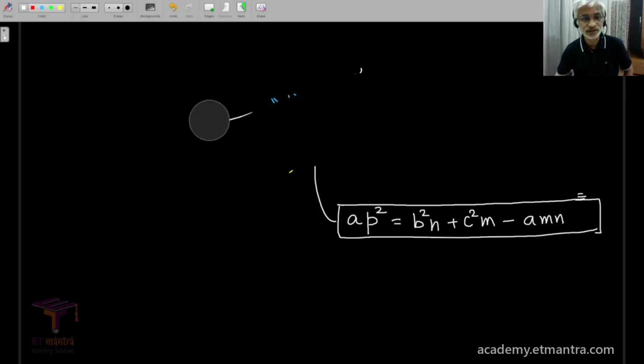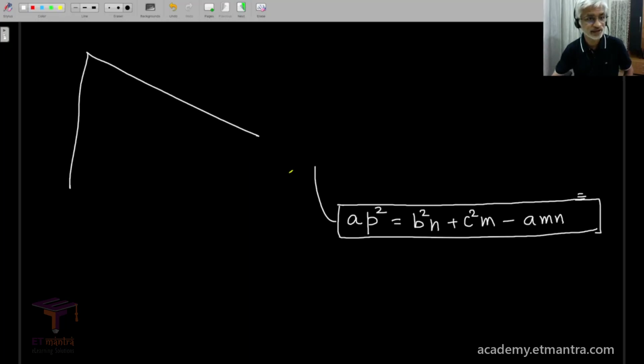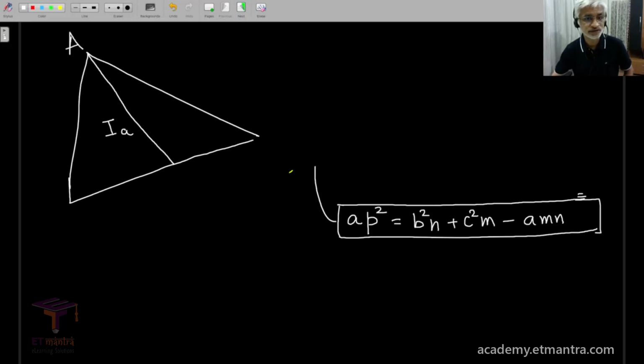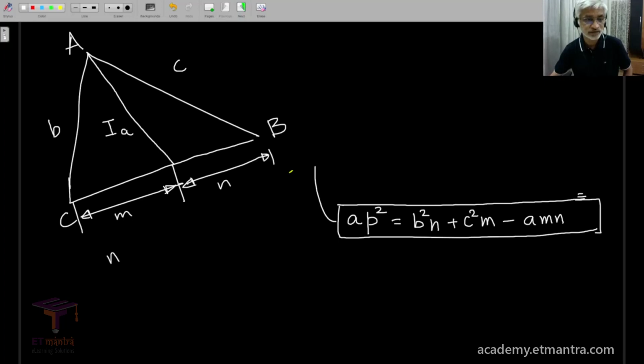So we're looking for the length of the cevian where that cevian happens to be the angle bisector. So for some reason the notation is I A, and then the rest of the notation is as we have done previously. So this is B and this is C, and this we've been calling M and N, and don't forget that M plus N is A.